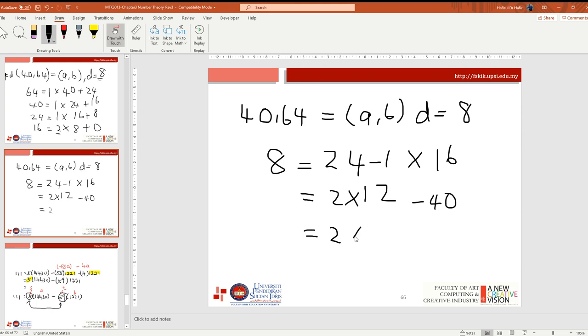Dan total 4. Jadi Bezout identity untuk yang ni kita dapat 2 dengan 3. So we got the Bezout identity.